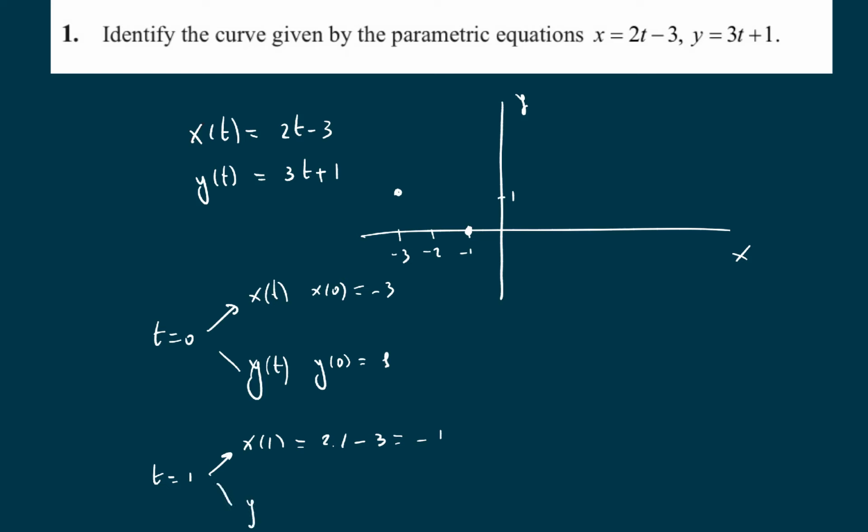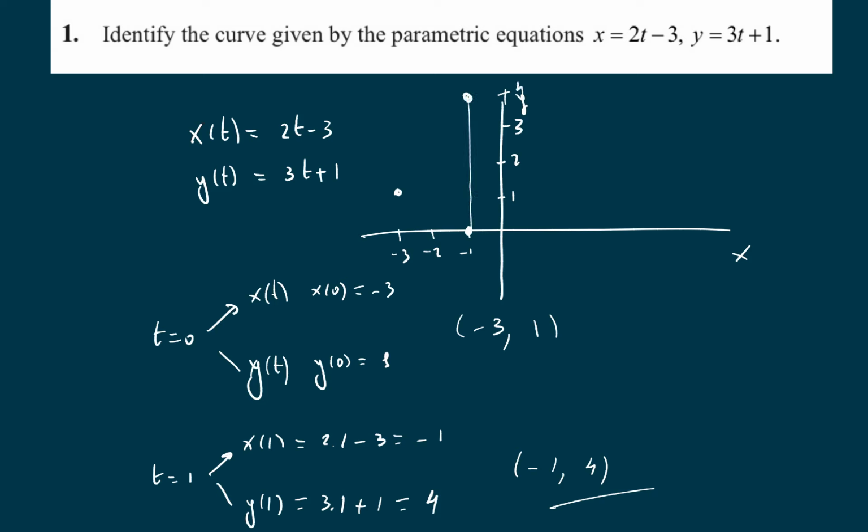But the y at time 1 is 3t plus 1, or 3 multiplied by 1 plus 1, which is 4. So the new point is minus 1, comma 4. The initial point at t equals 0 was minus 3, 1. So this point, minus 1, 4, is here.